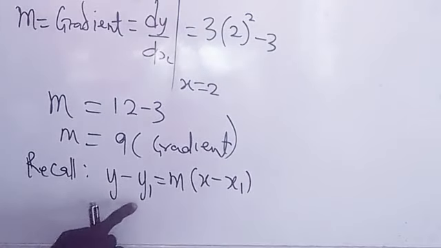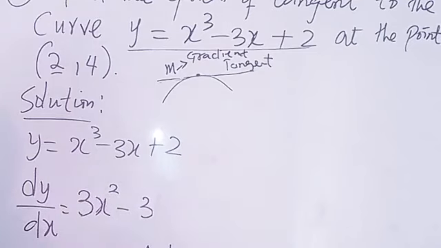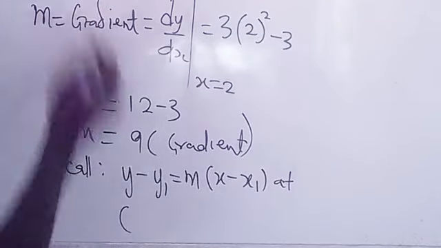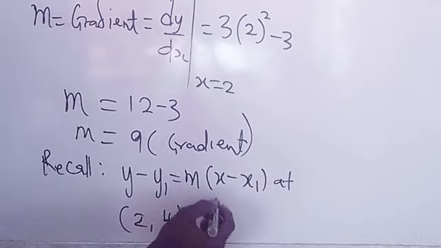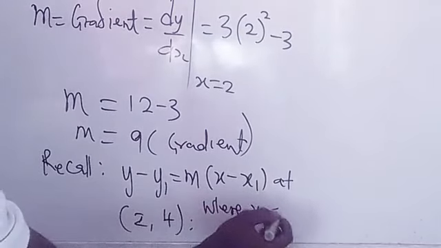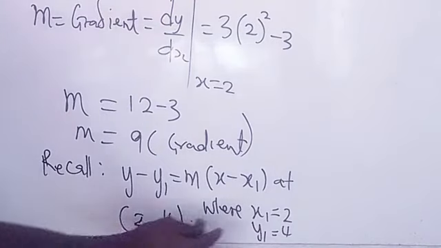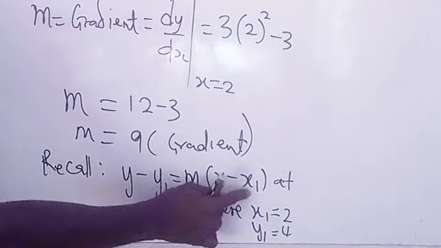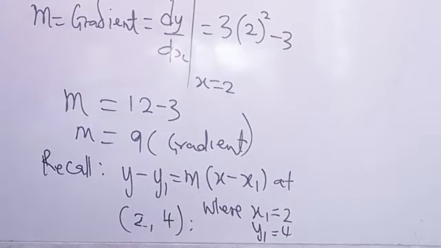Now this x1 and y1 is the point we have, the point (2, 4), where x1 is 2 and y1 is 4. So we are just going to do the replacement. Wherever you see x1 you put 2, wherever you see y1 you put 4. Understood?